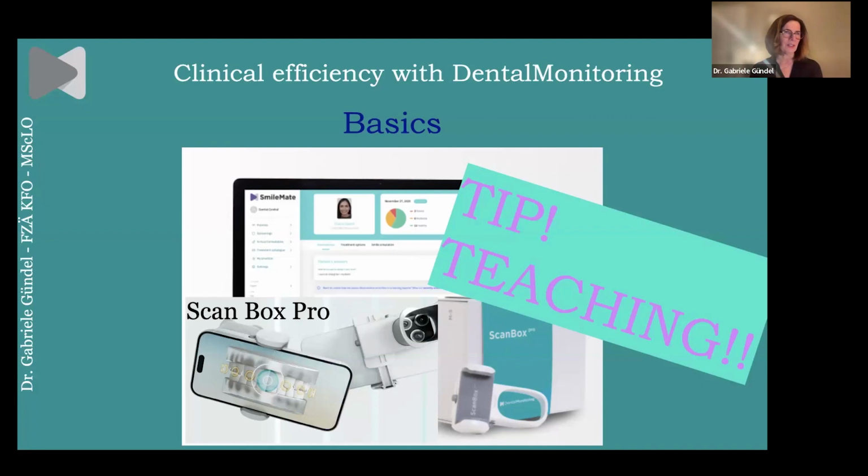But if your patient is not able to do really good scans with a stable bite, you will not get the right information about class 1, 2, 3, or about midline corrections or other specifics. So this is my first tip. Take your time. Don't leave your patient alone with this scanning process.